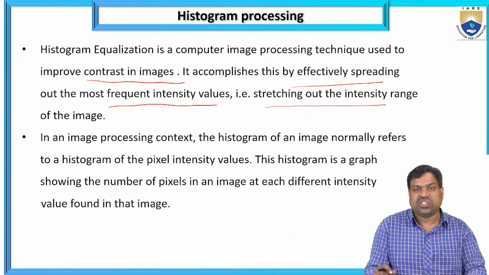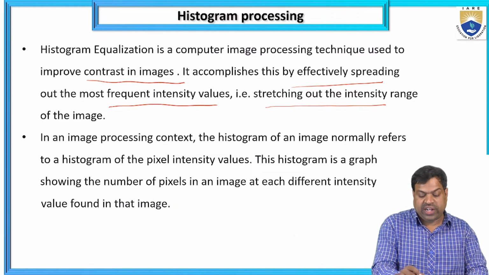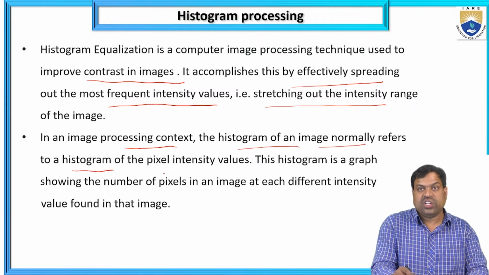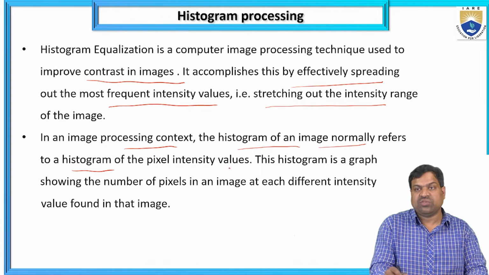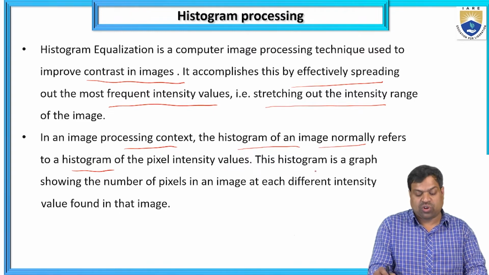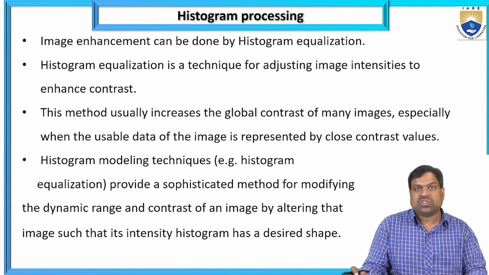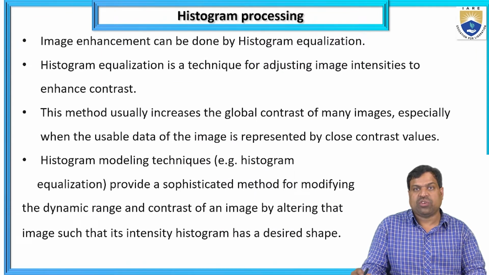We have to adjust the intensity values. In the image processing context, the histogram of an image normally refers to a histogram of the pixel intensity values. This histogram is a graph showing the number of pixels in an image at each different intensity value found in that image.